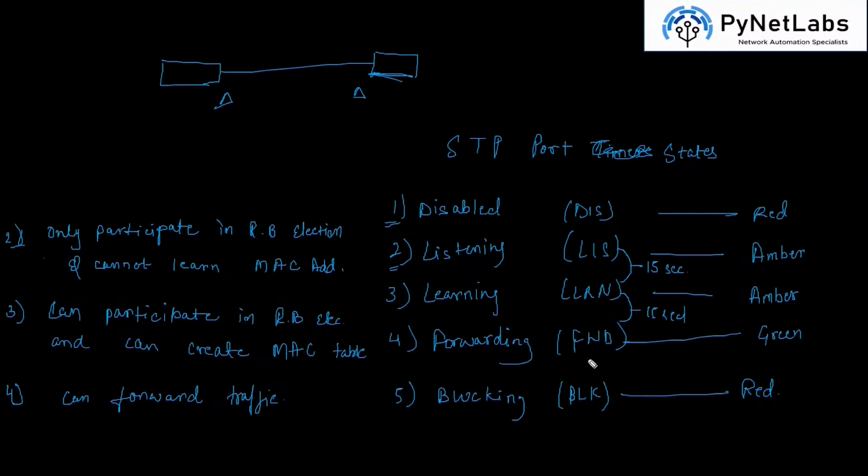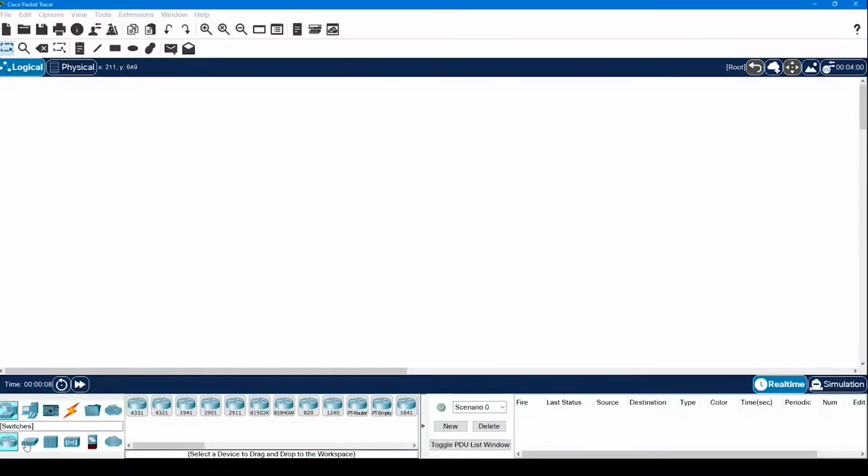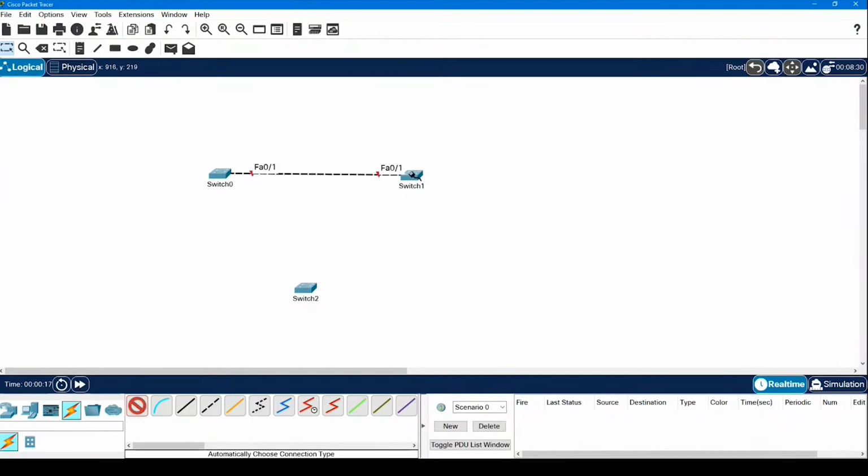So we will now move to Packet Tracer and understand how STP can be observed with switches. If we go to switch, place 3 switches and connect them together.